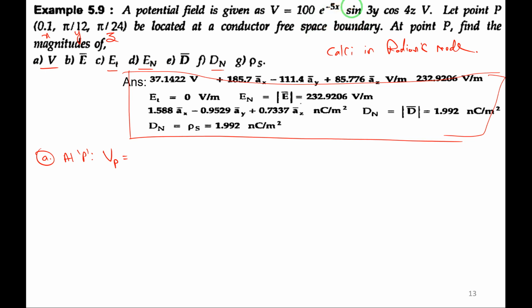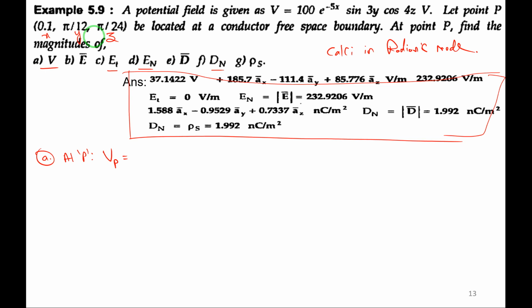I'll calculate here. I will make the equation 100 into e to the power of minus 5 into 0.1, then into sine of 3y, that is 3 into pi by 12, close bracket, then next into cos of 4z, that is 4 into pi divided by 24.